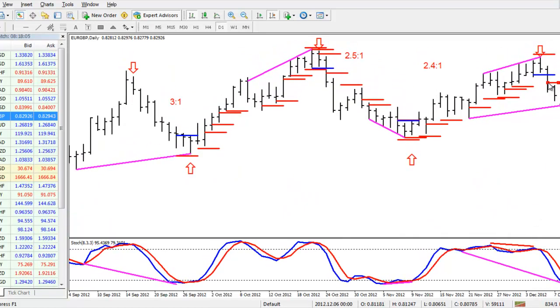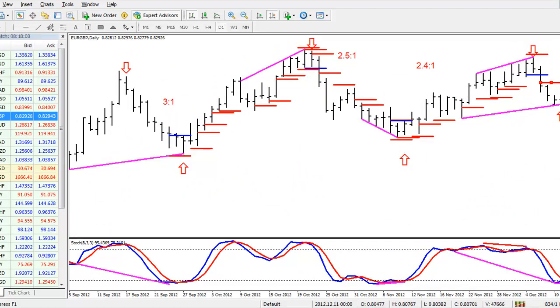Therefore, we would actually move this stop loss to 2 or 3 pips above this bar here, because we're looking to put this stop loss to the entry level of this new buy trade.